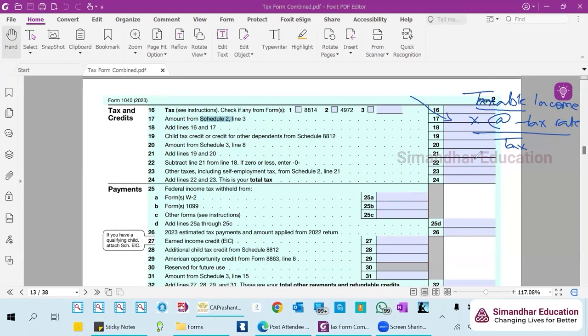The first thing is I would remove any of the credits. Then the payments. Then the remaining would be either I owe or I may get a refund. That's it.